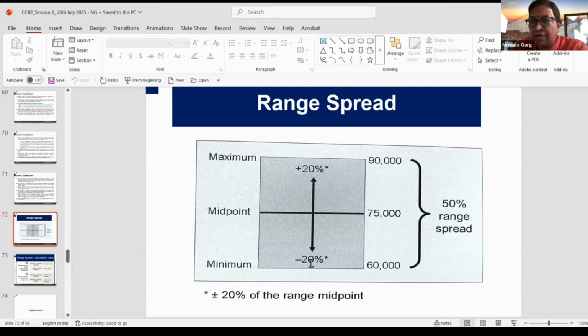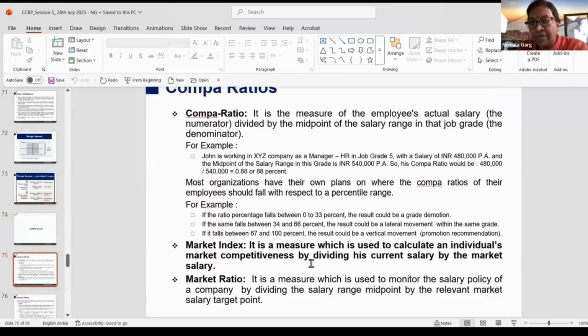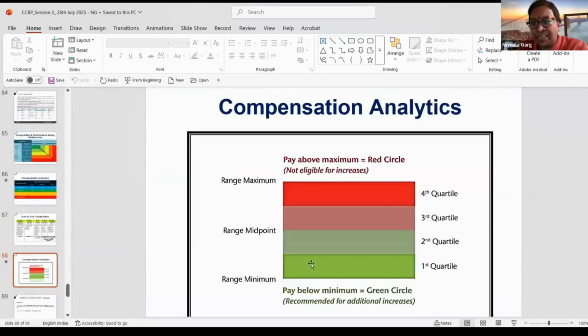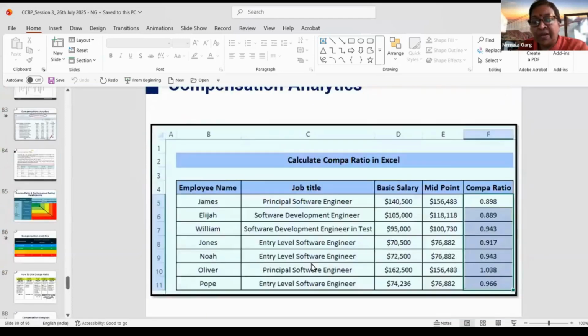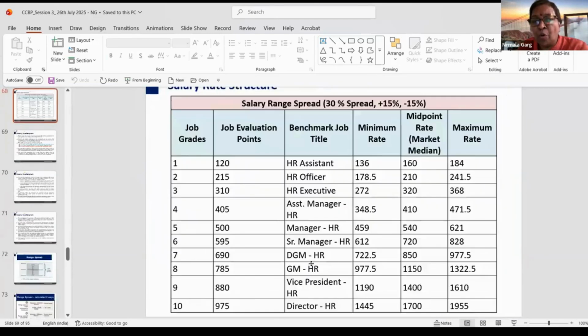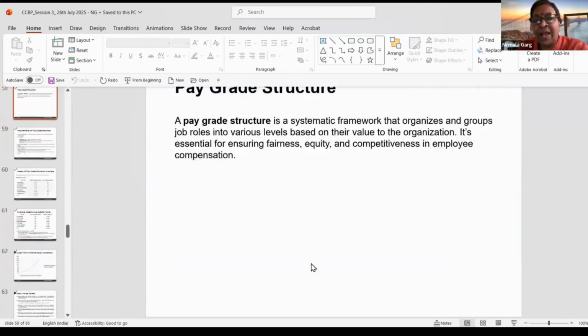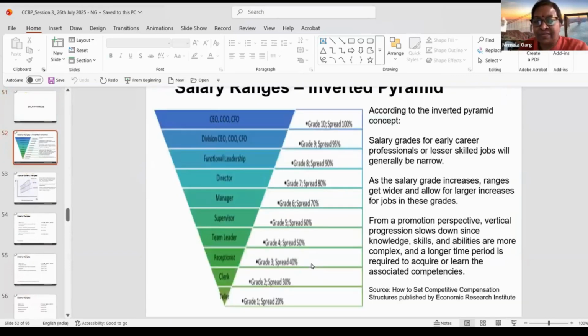The fundamental rule or principle in a pay structure is that in organizations, the spread is lower at lower levels and higher at higher levels. The spread is lower at lower levels, say 20%, 30%, and higher at higher levels. Why is the spread higher at higher levels?